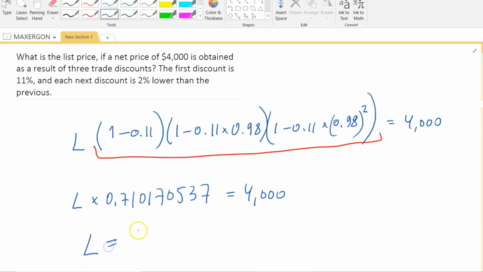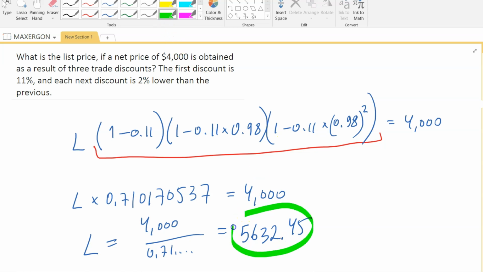So L will be $4,000 divided by this term, which is 0.71 and so on, which is completely stored in the calculator memory, of course. That is equal to $5,632.45.